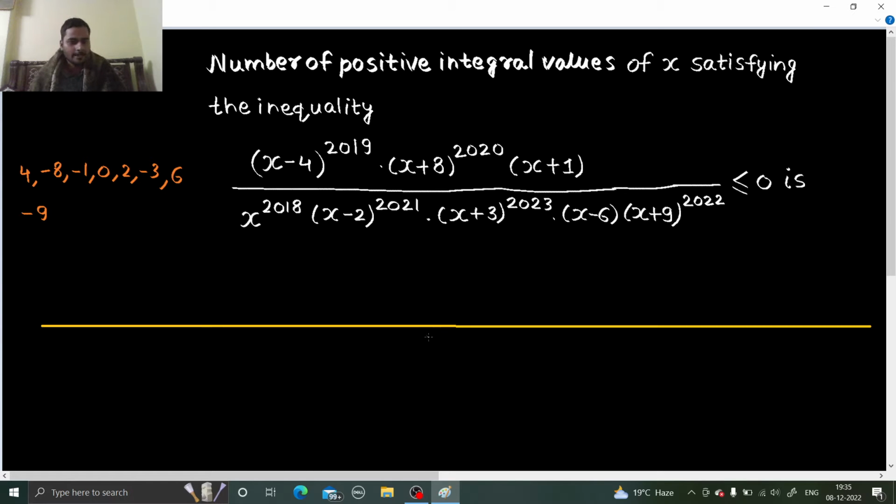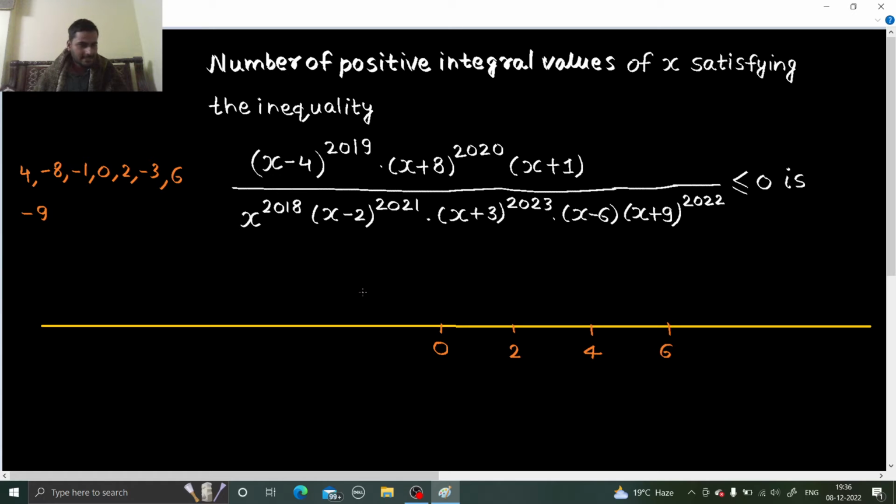Let's plot them. First things first, 0 comes in the middle. Then in positive I have 2, 4, and 6.